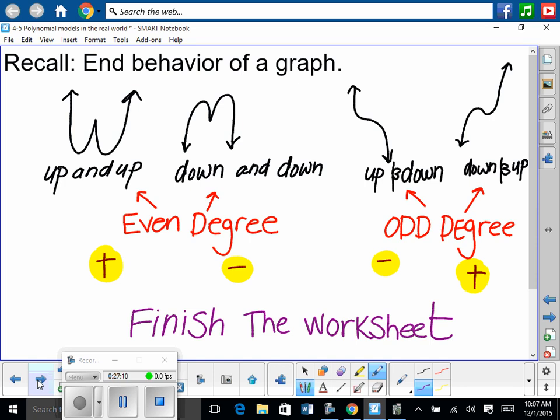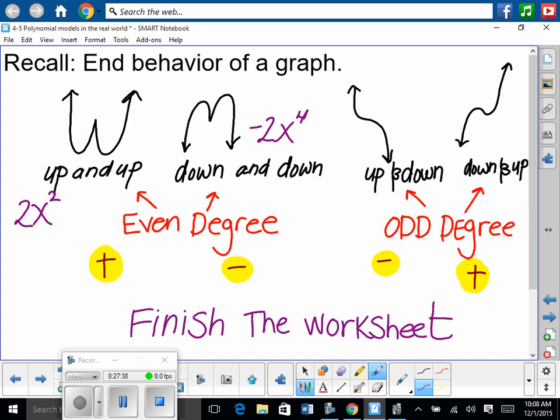An example would be 2x squared: isn't the 2 positive, and isn't the 2 an even degree? Even and positive, so it's up and up. Now down and down: it's an even degree, but has a negative leading coefficient. An example would be negative 2x to the 4th. Even degree, but negative in front flips it upside down, so down and down.